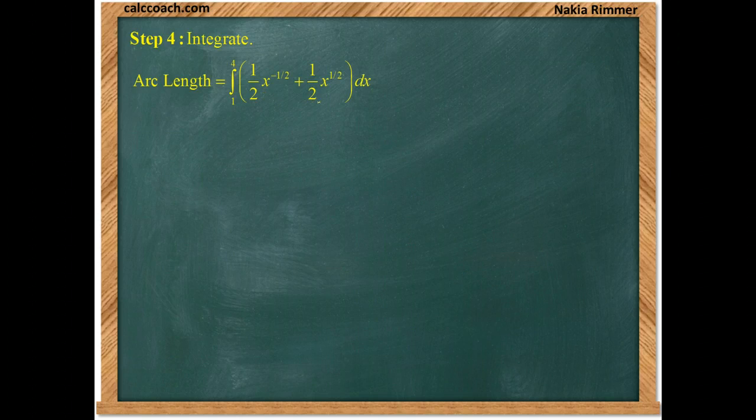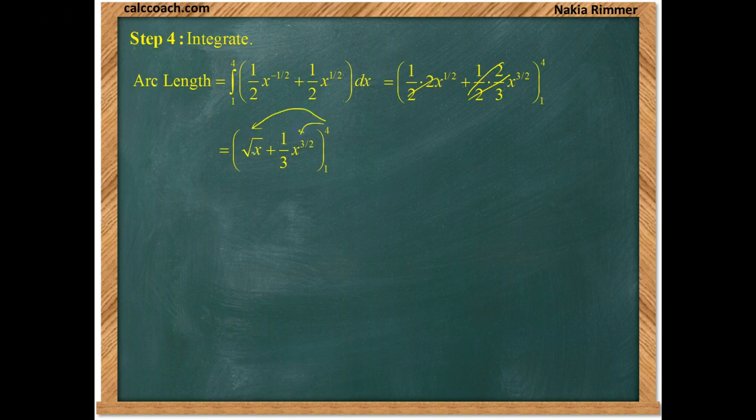We need to find the antiderivative. We have x to the positive 1/2 times 2, and then we have x to the 3/2 times 2/3. The 2's cancel out, and you end up with the root of x plus 1/3 x to the 3/2 as your antiderivative. And then you just apply the limits.